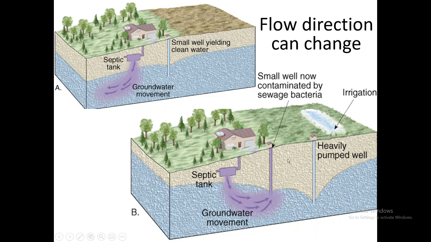But in this case, you can observe that we are having a heavily pumped well here in the opposite direction. So normally this is the usual flow direction of water based on the hydraulic head. But at the same time, you can observe that this heavily pumping well is installed here, which is shifting the cone of depression in this direction.